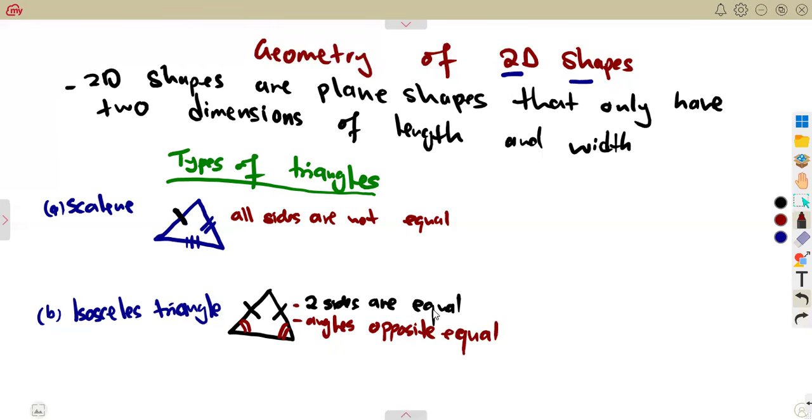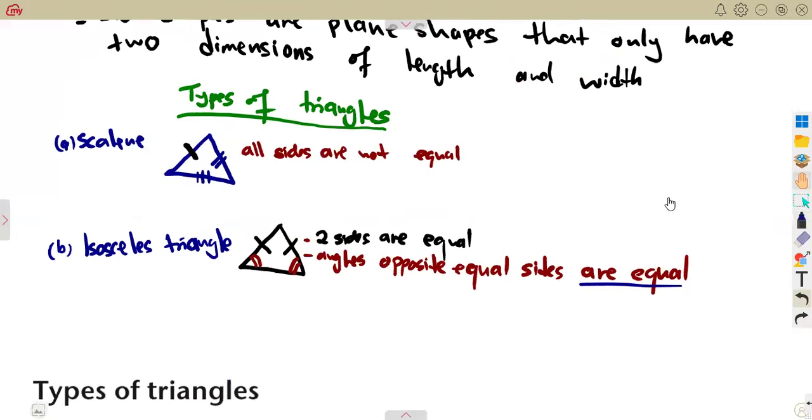Remember we talked of the equal sides before? So the angles that are opposite these equal sides are equal. All right. So angles opposite equal sides are also equal. So this is what is important. Okay. So that's the property of a triangle which is called an isosceles triangle.